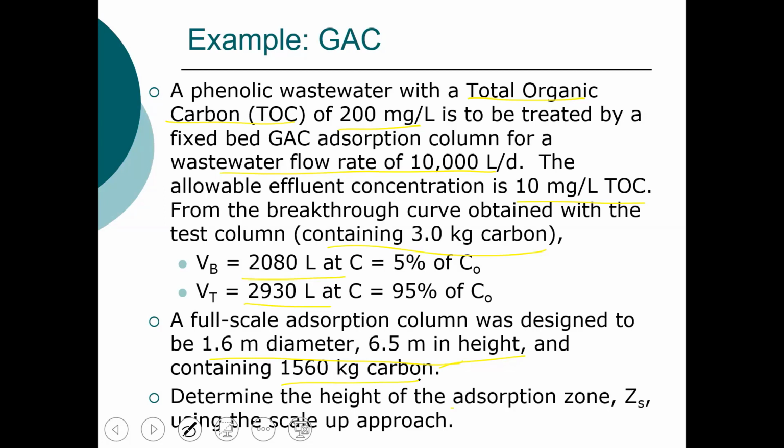What we will determine then is the height of the adsorption zone, Z sub S, or the depth of the adsorption zone. We use what was referred to as a scallop approach. We'll also determine the number of transfer units and the time to breakthrough. So C naught is equal to 200 milligrams per liter of TOC.